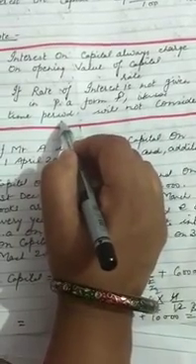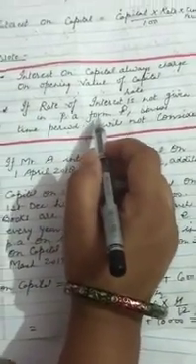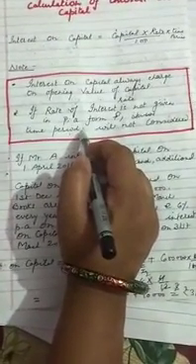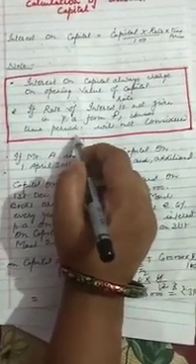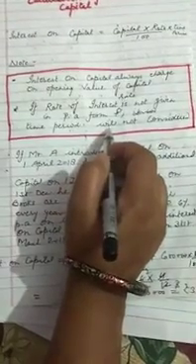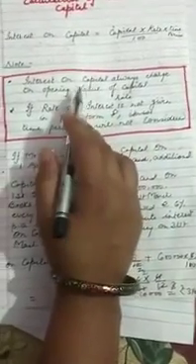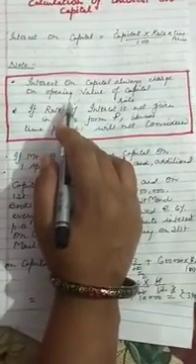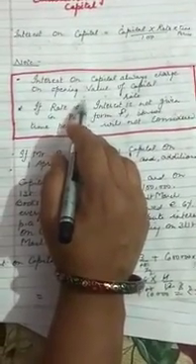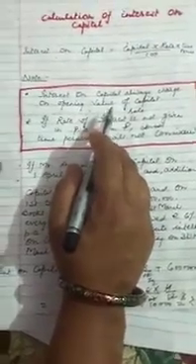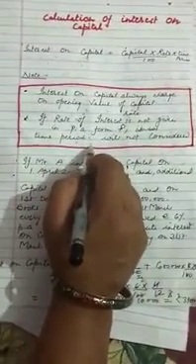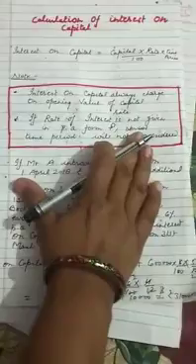In any case, if the word per annum is not given in the question, don't consider the time period, whether it is interest on capital, interest on drawing, or any type of interest rate. If per annum is not given, don't consider the time period.